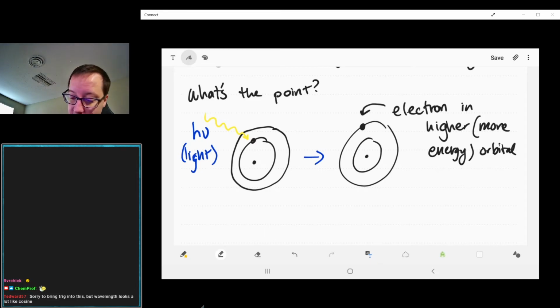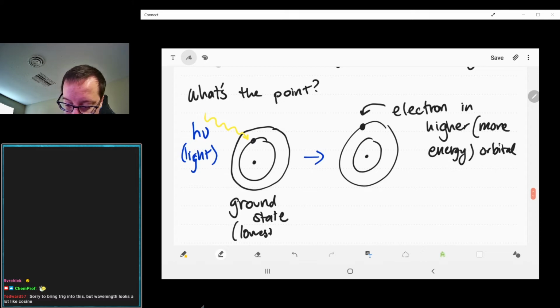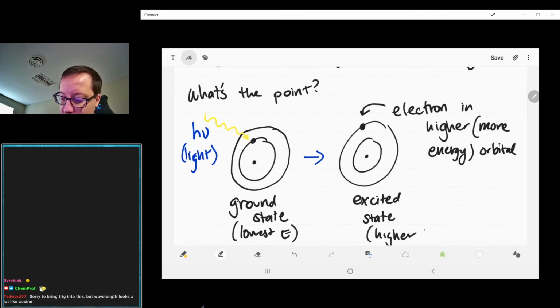We often call something like this a ground state, where it was in its low energy, lowest energy possible state. And then this one we would call an excited state, which would just be something with higher energy than your ground state.